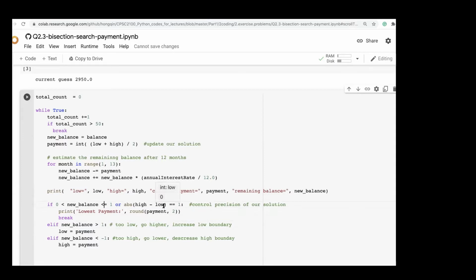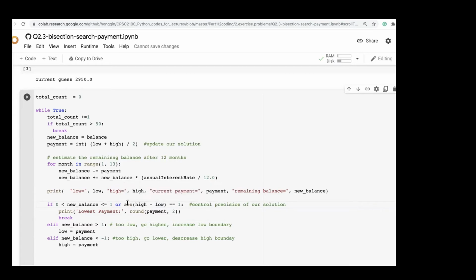Or if the low boundary and high boundary differ by less than $1, basically I cannot move anymore. If the low bound is $9 and high bound is $10, there's no room to move anymore, because I'm only looking for an exact dollar amount of payment, right? So basically, that's the stopping condition.